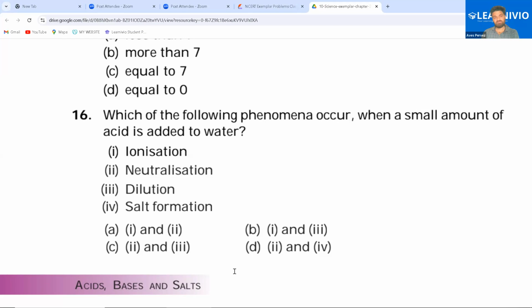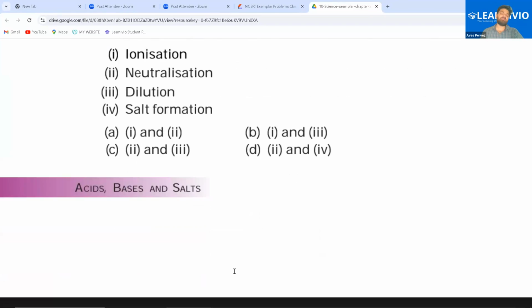Option number B is the answer, because when you add a small amount of acid and water, ionization and dilution take place. Good.